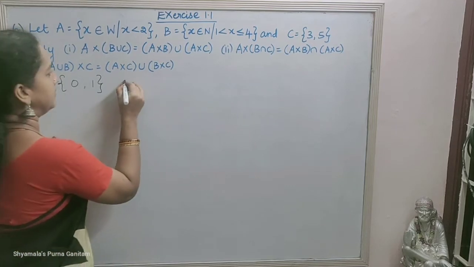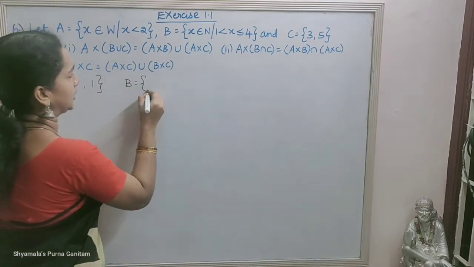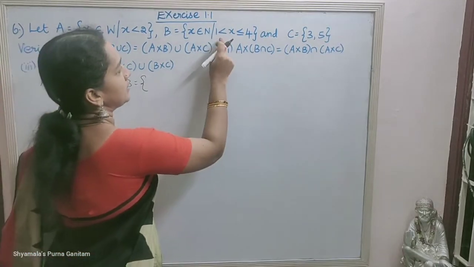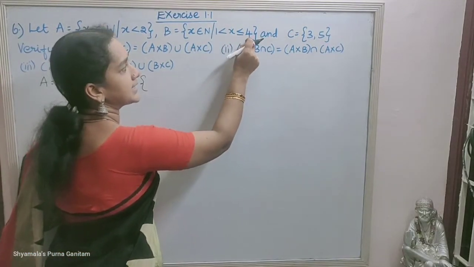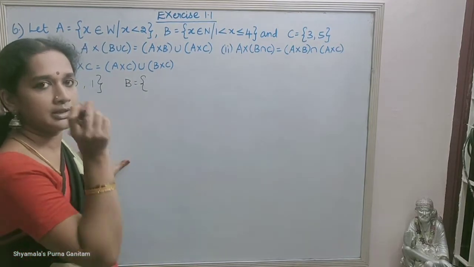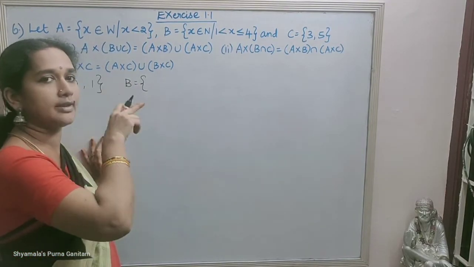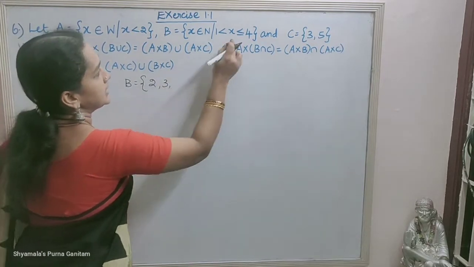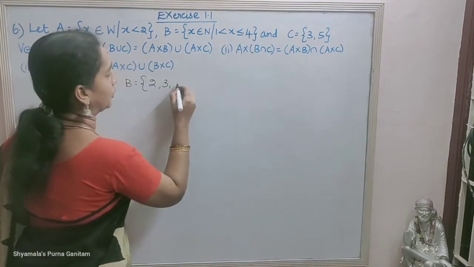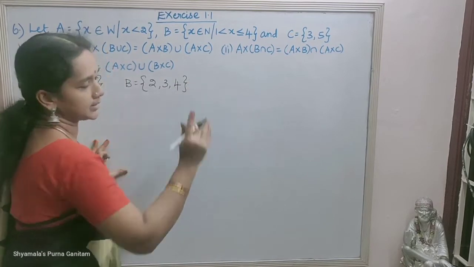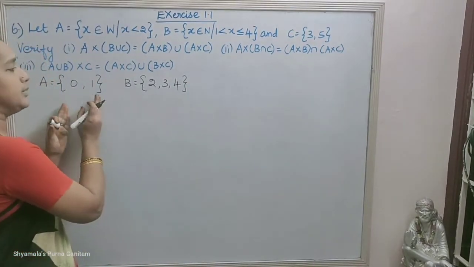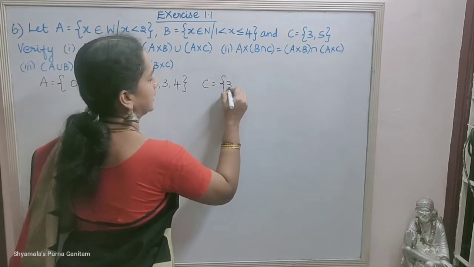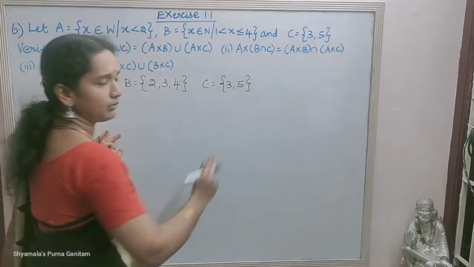Then B is x belongs to N, so it starts from 1, and 1 < x ≤ 4, so the numbers lie between 1 and 4: 2, 3. Since it is less than or equal to 4, we include 4 also. So we got the elements of A and B. C is already given in the question: 3 and 5.